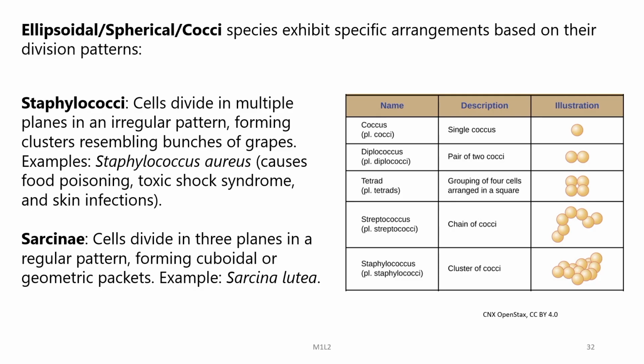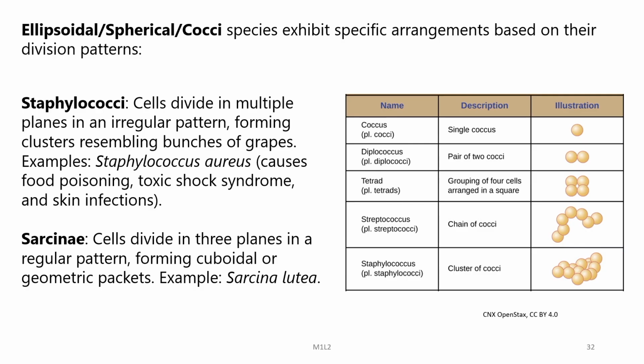Another type is the Staphylococci. These cells divide in multiple planes in an irregular pattern, forming clusters resembling bunches of grapes. The examples of this type are Staphylococcus aureus. It causes food poisoning, toxic shock syndrome and also skin infections.